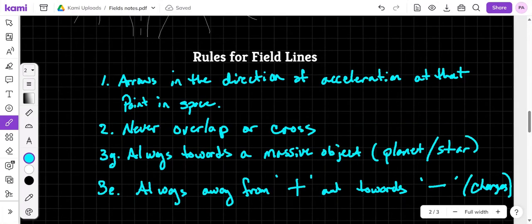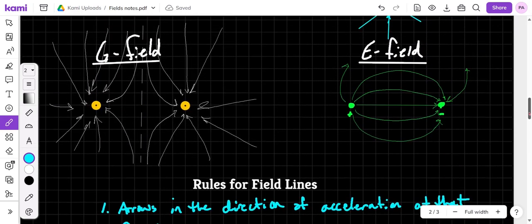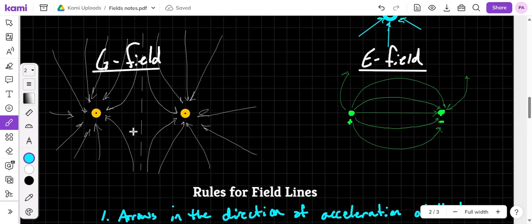Okay, so continuing from last time, the field lines that we have, remember that along the field lines, these are the direction that an object will accelerate at any point in our space around our objects.